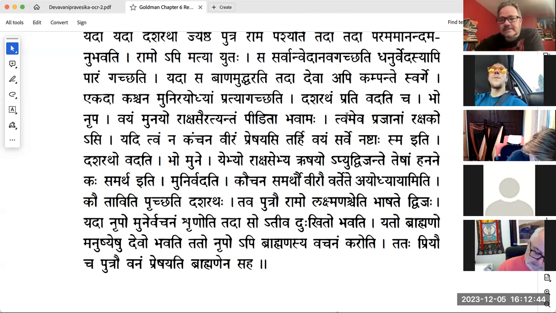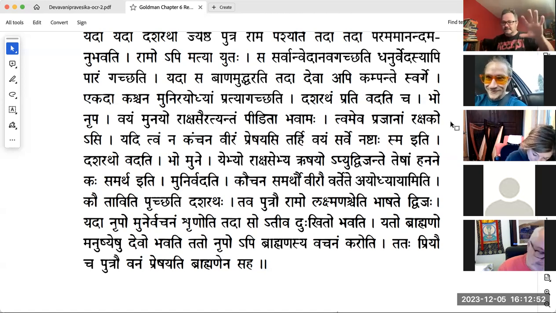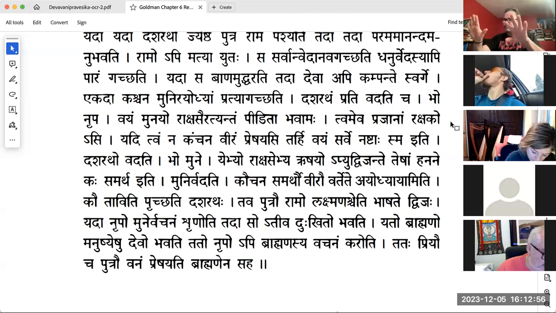So our little sentence is you are the protector, playing on the fact that you have rakshasas, which are demons, and a rakshaka, who is a protector. So the demons are euphemistically called protectors because they are demons.